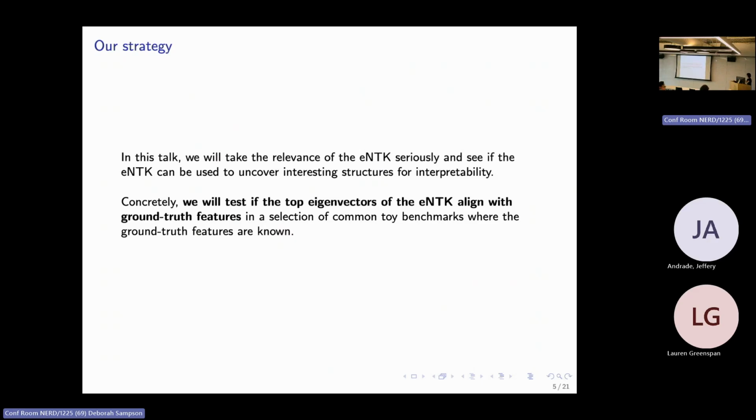Concretely, I'll test if the top eigenvectors of the ENTK align with ground truth features in a selection of common toy benchmarks where these ground truth features are known. And the punchline is that we'll find the answer is yes. In toy models, up to modest rotations, indeed, the top ENTK eigenvectors appear to align with ground truth features. So this is what I'm going to try to explain in the rest of this talk.